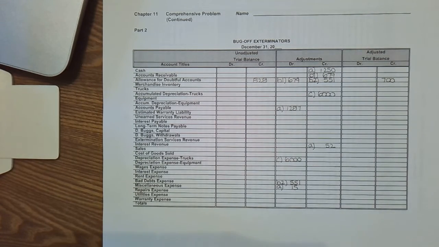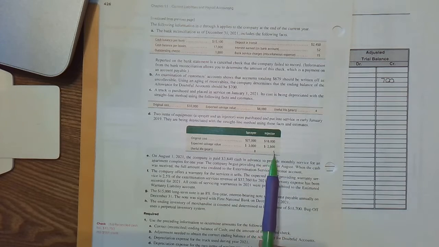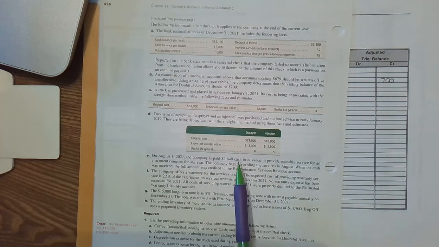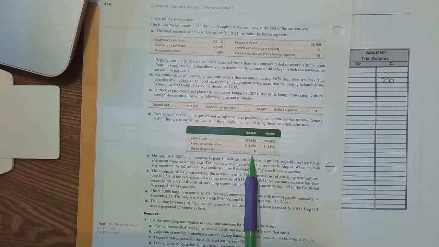All right, now for the sprayer and the injector, we have their cost minus their salvage value divided by their useful life for each one here. So the depreciation for the sprayer is going to be $3,000 per year. The injector is $3,100 per year. But these are two pieces of equipment together, so we'll just add those two depreciation amounts together, the $3,000 and the $3,100.